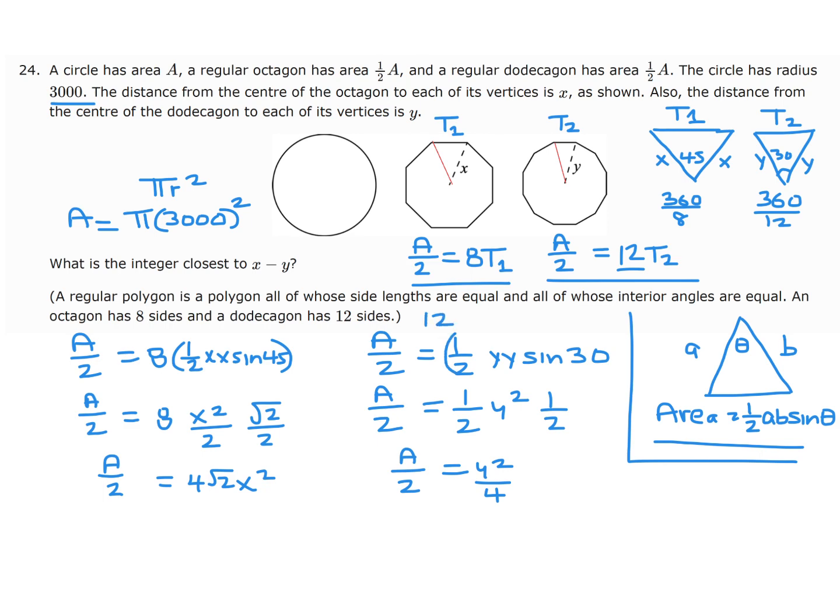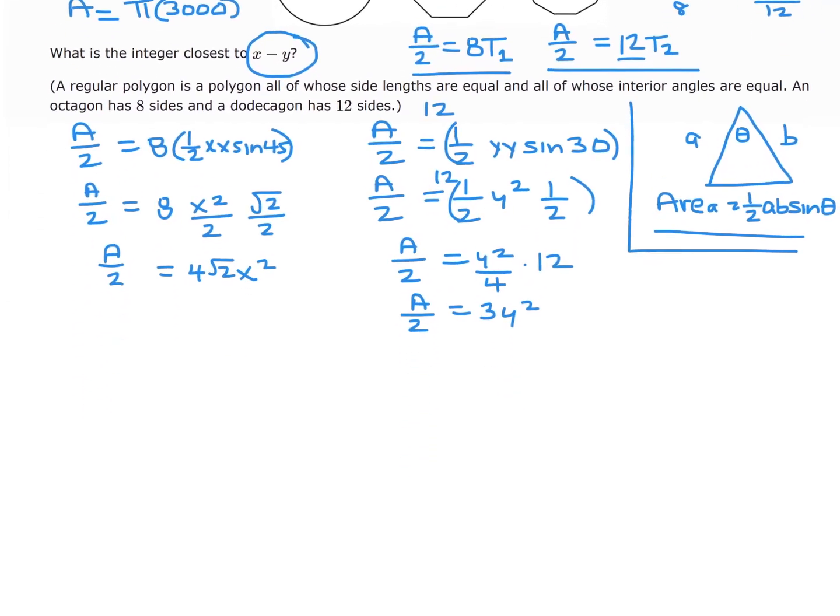Sorry about that. It's a good thing I caught it. Okay, so I've got to multiply by that 12. So that's 3y squared. Okay, that's correct. All right, so now we just have to figure out the values of x and y, and then we can figure out this x minus y. That shouldn't be too hard.